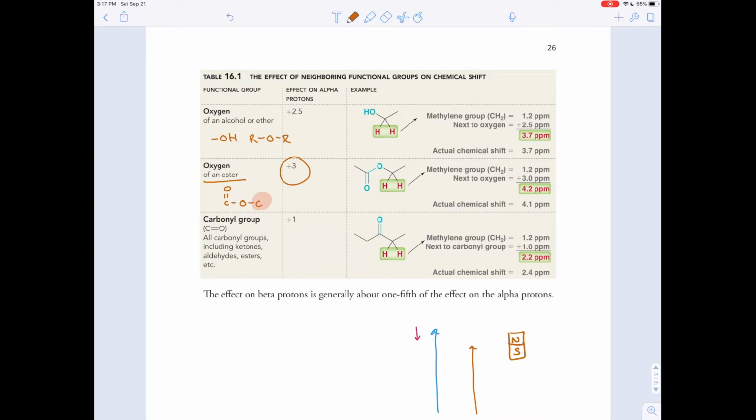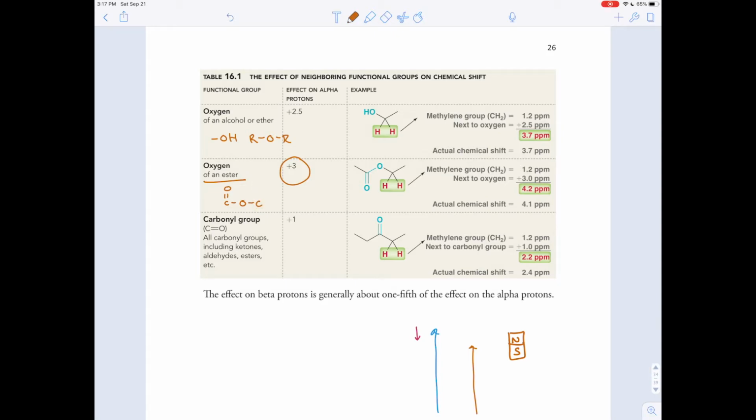It loses a lot of its electrons. It can barely push back against the external magnetic field, leaves a very strong net field. It's very hard to flip nuclei, hydrogens that are near an ester.